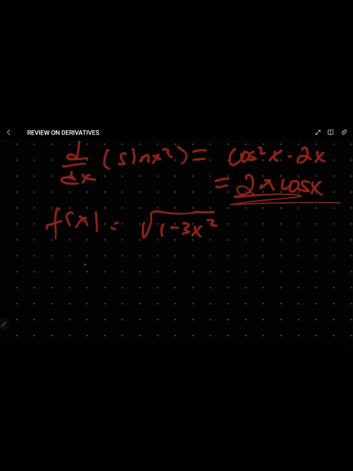So, I can say there's one function, which may be L of x. The L of x is simply root x. There is another function m of x. M of x is 1 minus 3x squared. So I split this into a composite function. That's a challenge, I know.